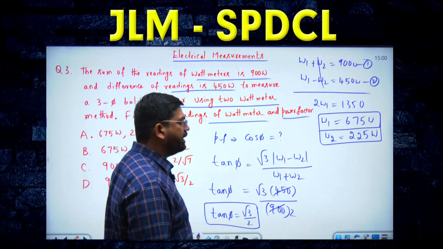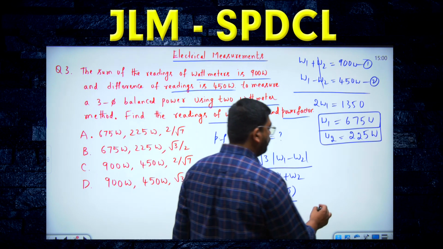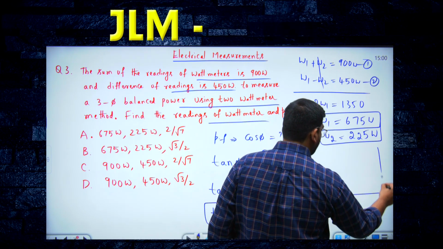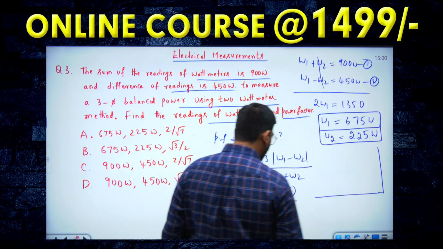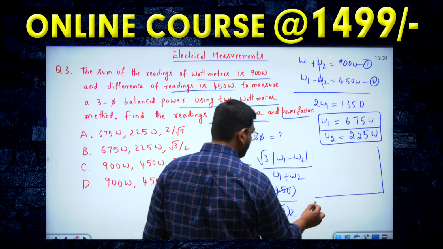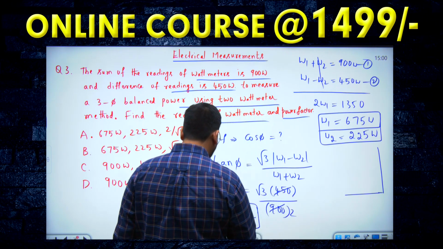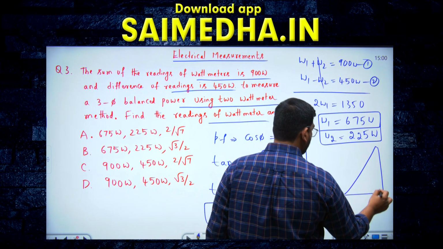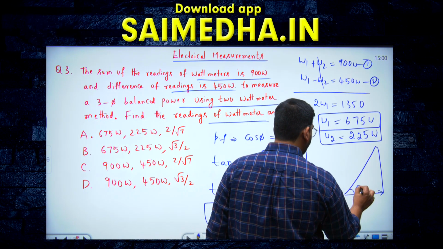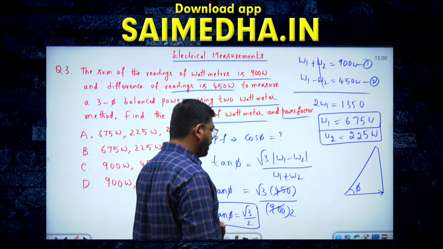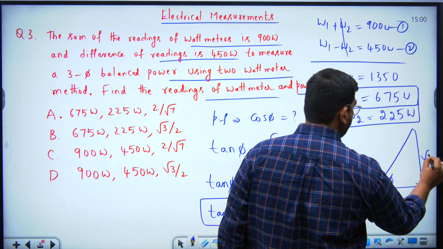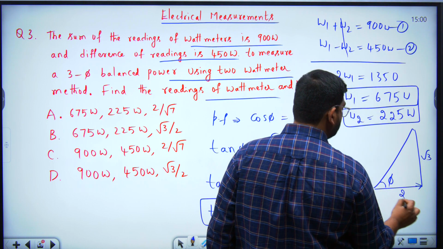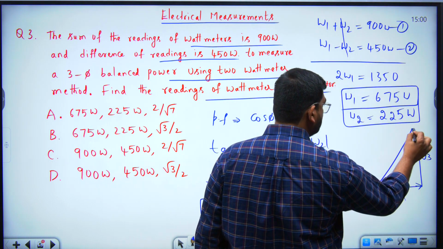Then how to get cos phi? Without even a calculator you can do that. Tan phi means I am making a right angle triangle here. Got the point? This is phi. Tan phi is root 3 by 2, so this portion is root 3 and this is 2. How to get the diagonal portion?